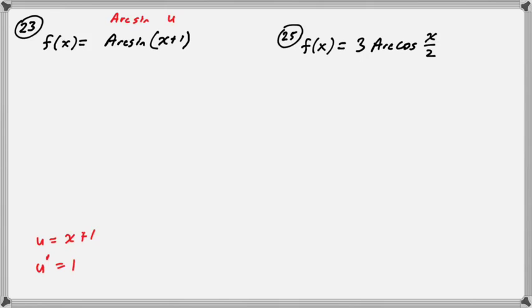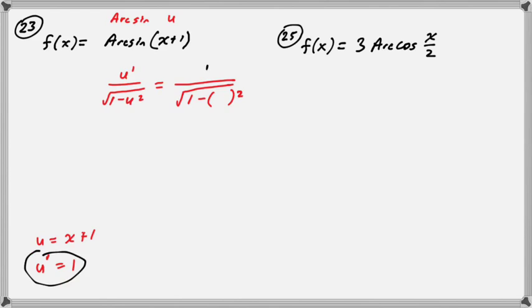The derivative of arc sine of u is u prime over radical 1 minus u squared. So all I really have to do is fill in what is u prime. U prime is 1. What is u that I fill in? X plus 1. So basically this is their answer.